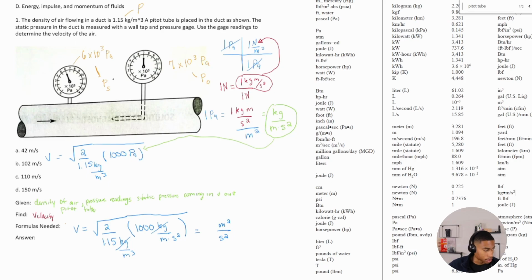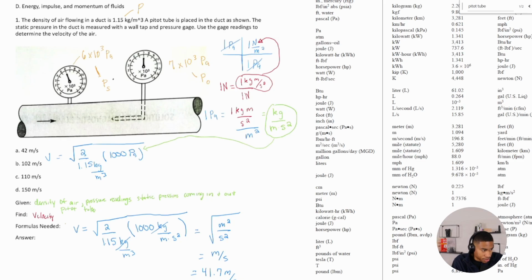We're going to take the square root of that, and it's going to give us our meters over seconds. And so the answer is going to be 41.7 meters per second. So units are the main thing here.